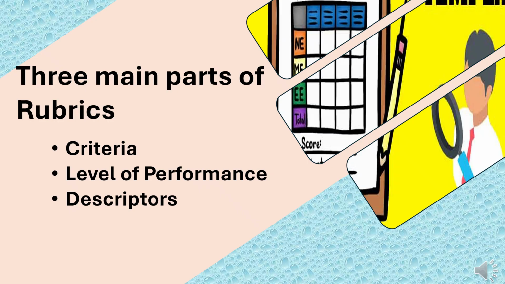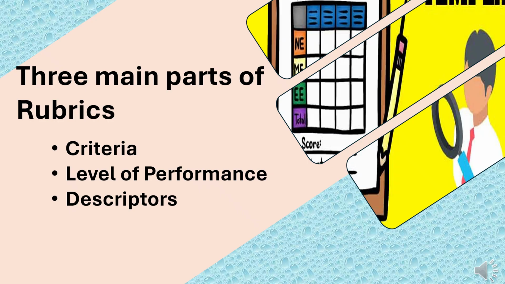Now, let's talk about the three main parts of rubrics. Rubrics usually have three main parts. First is the criteria. These are the aspects of the work that will be evaluated, such as content, organization, grammar, or creativity.